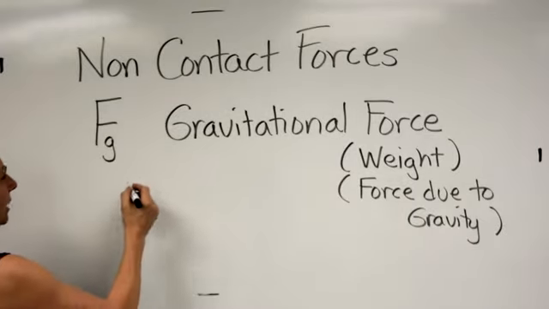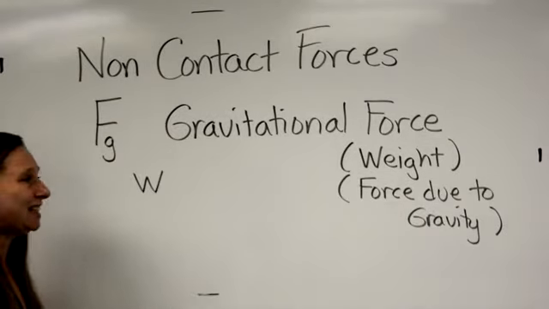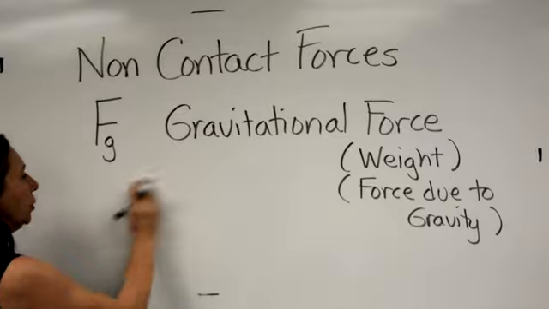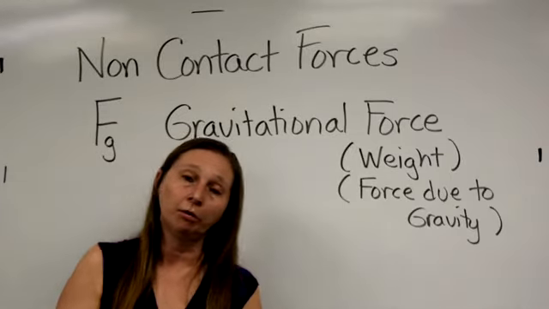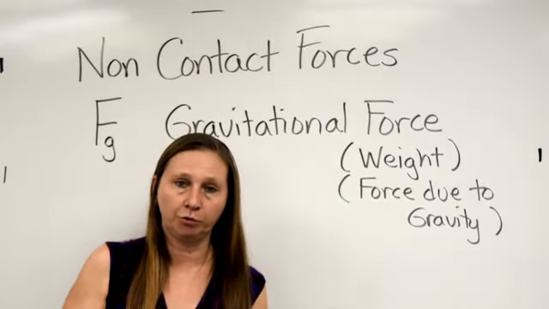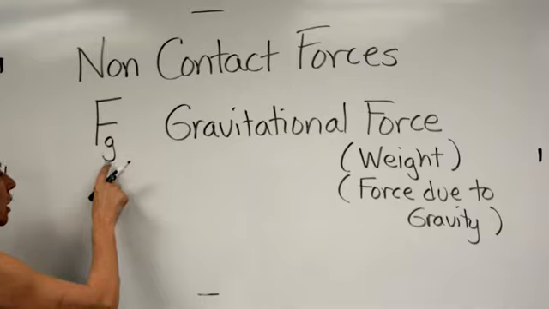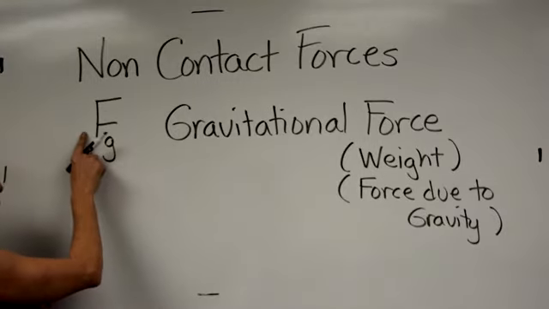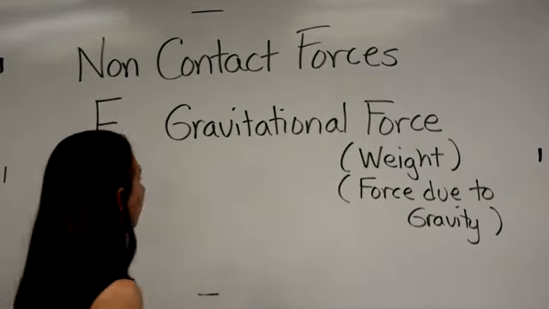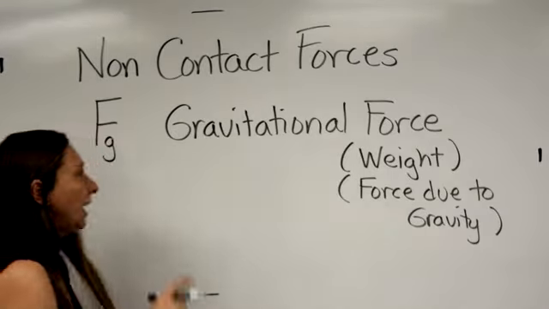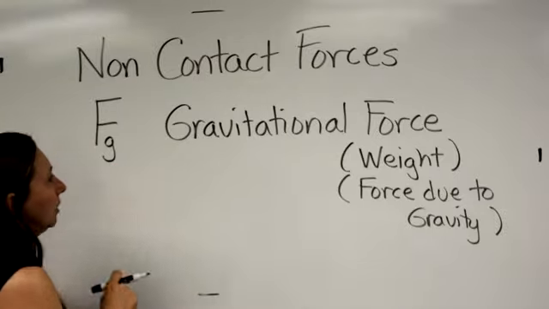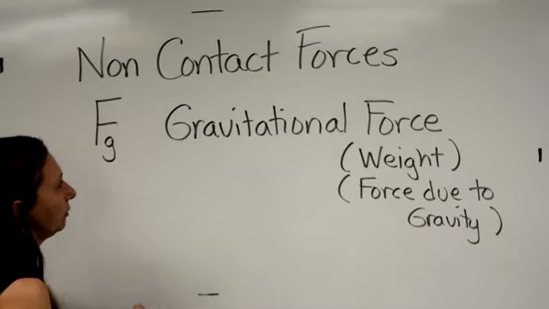Sometimes you'll see it as W for weight, but that's not a good symbol to use because we really want to use the symbol W for work, not for weight. So we prefer to use gravitational force, just like all the other forces, capital F and a lowercase subscript, to distinguish the force from the other forces.